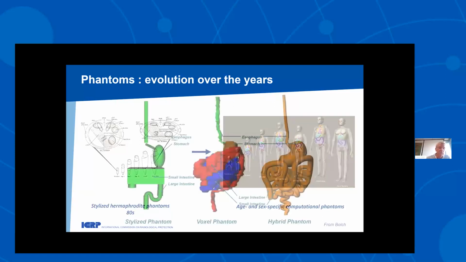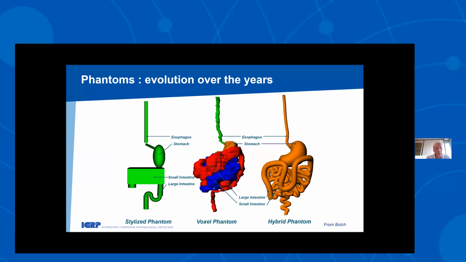This next slide shows an example of the improvement over the years, starting from the stylized phantom in the 80s, and now with the new hybrid and mesh phantoms, which are much more precise, which is really needed, especially for short-range internal emitters.